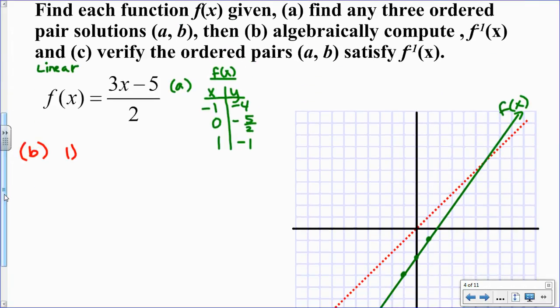So step 1 was to write y instead of f of x. Step 2, interchange x and y. So switch x and y.